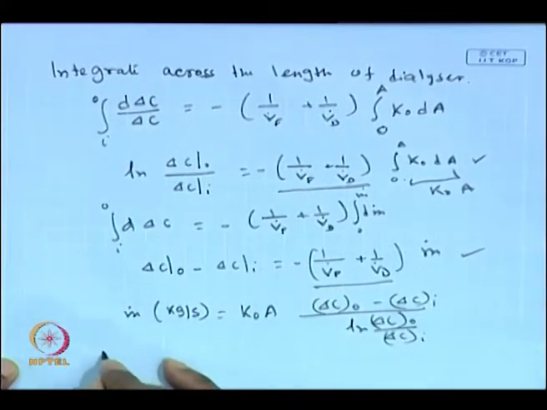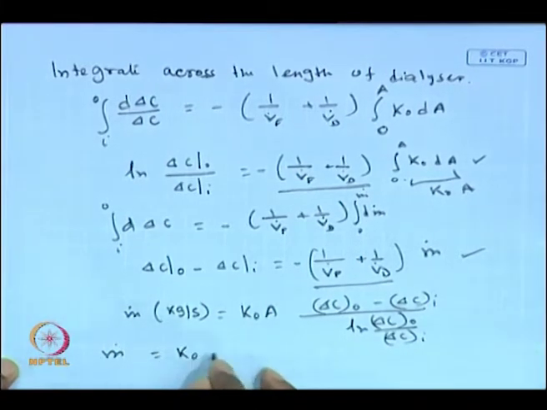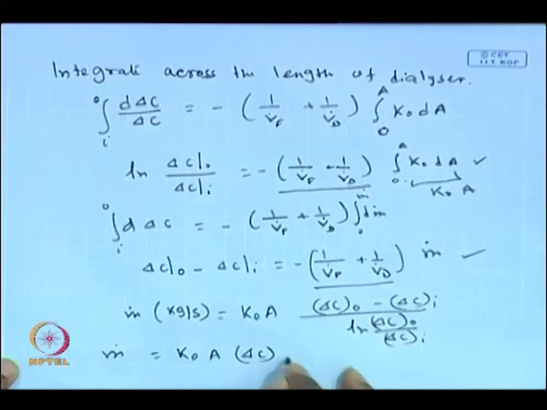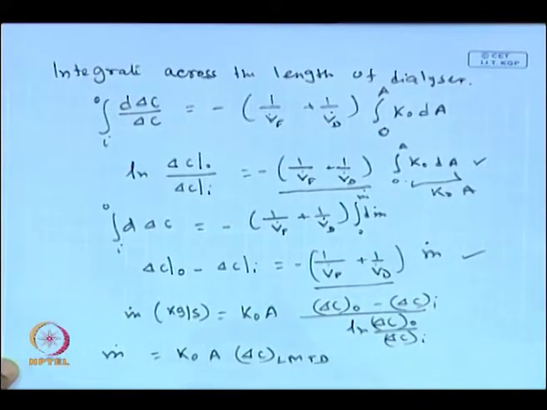Okay. So, m dot is nothing but k0 times A times delta C LMTD. What is LMTD? It is basically log mean temperature difference. So, what is delta C out? Delta C out is basically the change in concentration at the outlet surface.